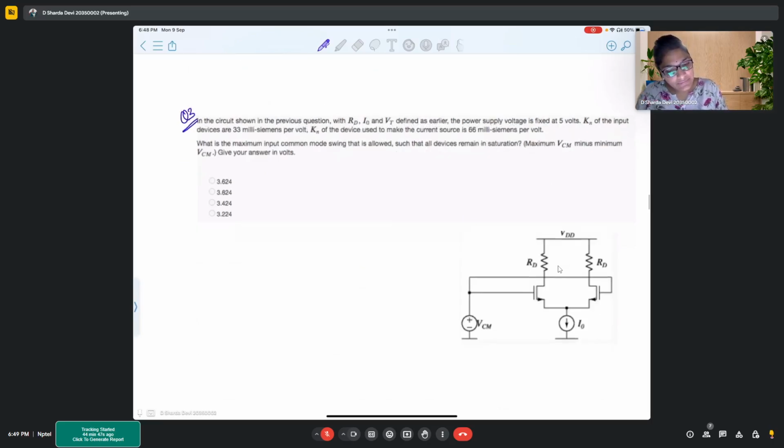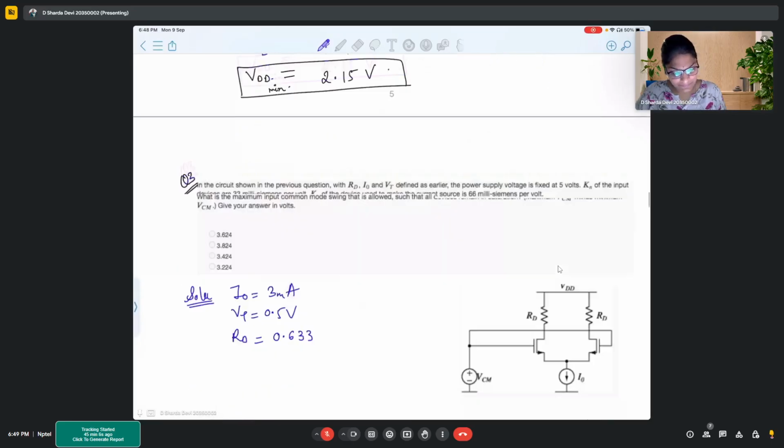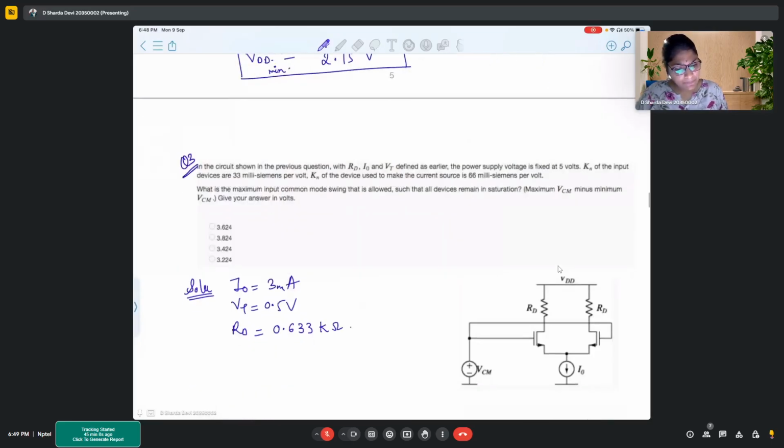It is given that with RD, R naught, and I naught as defined earlier, I naught is 3 milliamperes, VT is 0.5 volts, RD is 0.633 ohms.